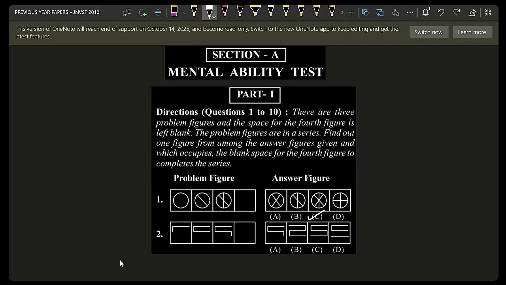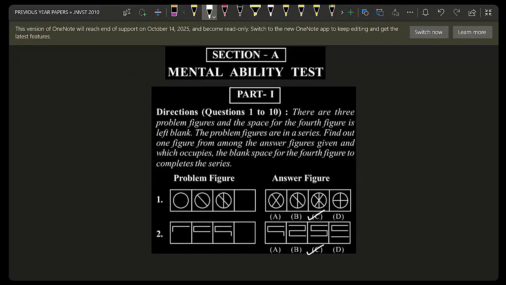Next figure, one line joined, and next figure, one line joined. So we expect one line to join, and the correct answer will be C. In the same pattern, one line should join. So it is C. Any doubts in these two can raise a hand. Otherwise, we'll move to the next set of questions.